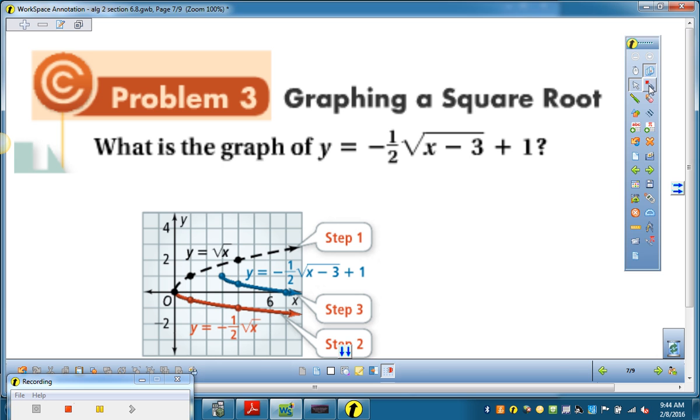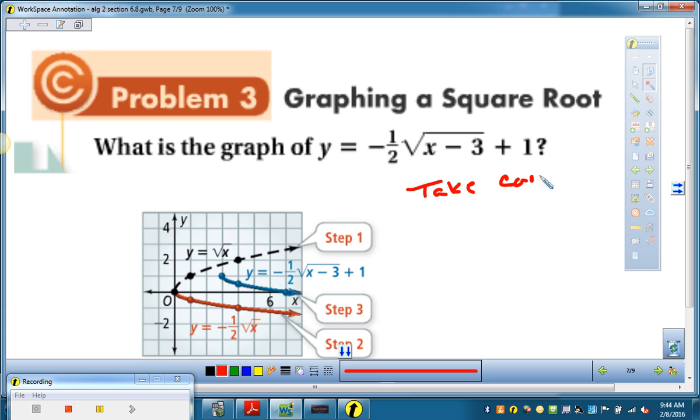So here's where you need to write yourself a little note. Take care of the reflection and the stretch first. The reflection and the stretch. And I would probably say first do the stretch or the shrink.